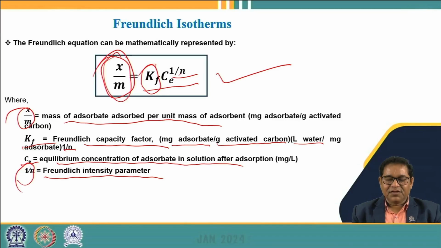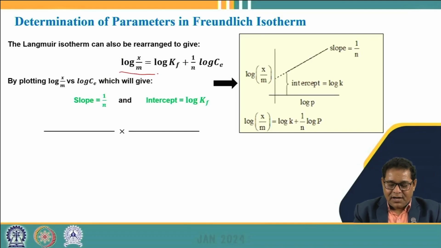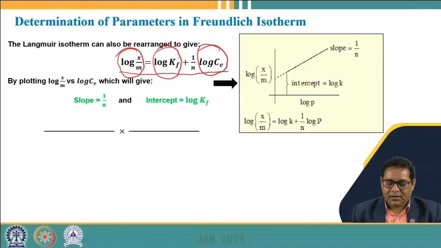If we take the log of both the left-hand side and right-hand side of the equation, we get its linearized form: log of x by m is equal to log of Kf plus 1 upon n log of Ce. This is again in the form of a straight line relationship.